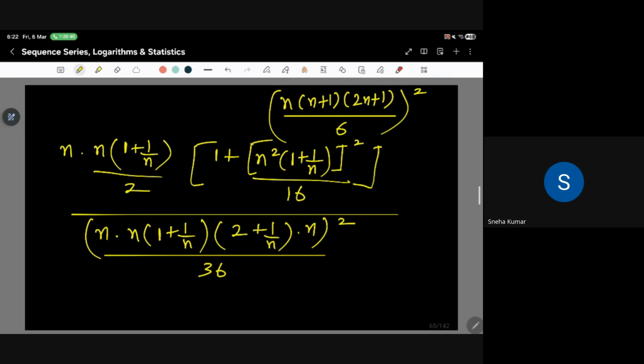Okay. So now when I take n square common out of this, it comes out to be n to the power, basically 4 I am taking common.